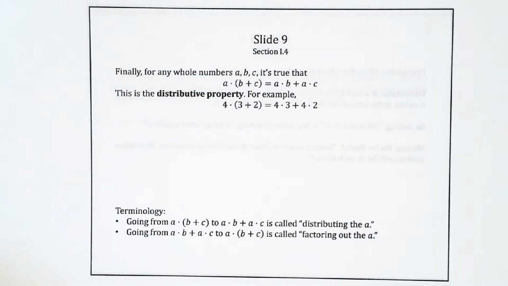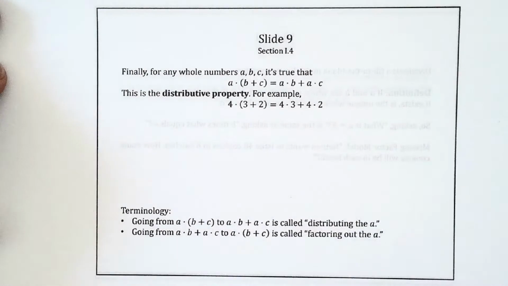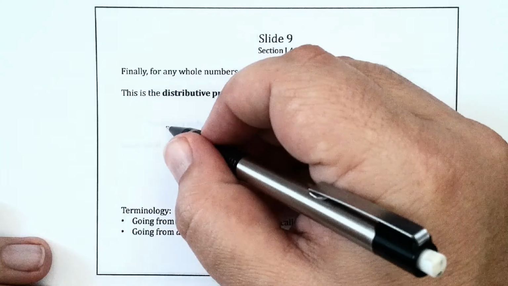Okay, finally, for any whole numbers a, b, and c, a times (b plus c) is a times b plus a times c. That's called the distributive property. For example, 4 times (3 plus 2) is 4 times 3 plus 4 times 2. And this is best illustrated using the area model. 4 times (3 plus 2), that's 4 times 5.